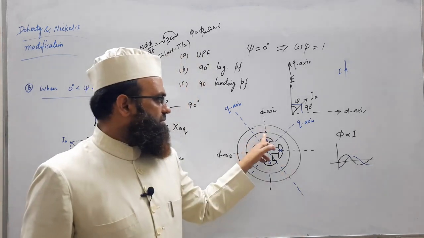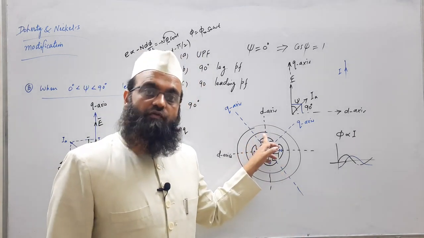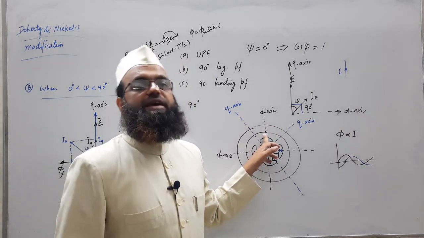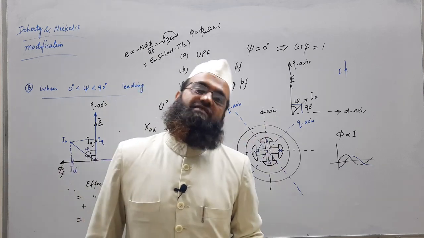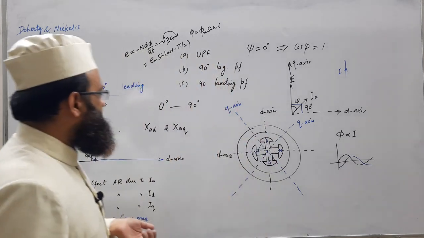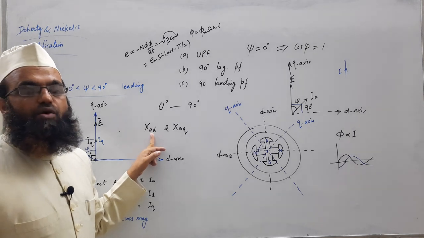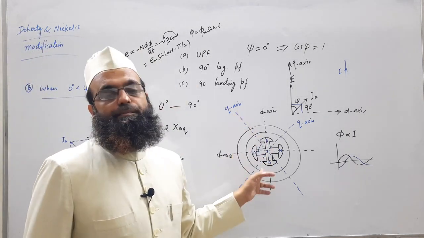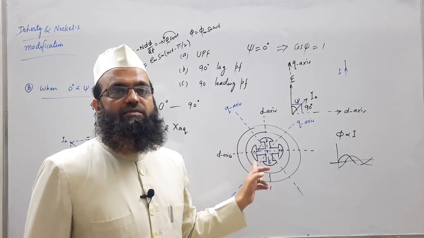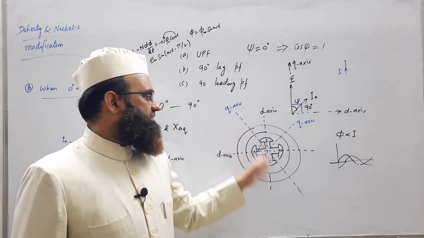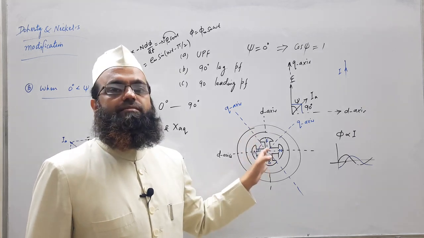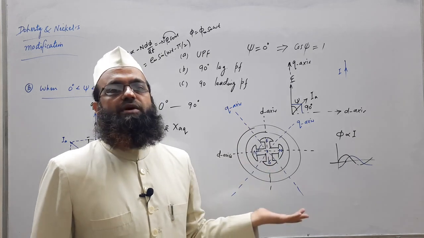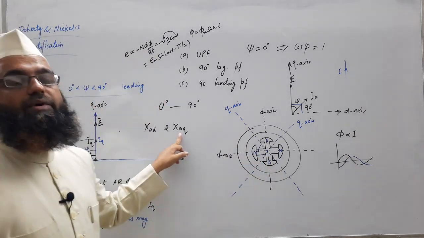Wherever air gap is minimum, reluctance is minimum, so flux linkage is maximum. Once flux linkage is maximum, corresponding inductance is maximum, hence inductive reactance is maximum along the d axis. Similarly, along the q axis, air gap is maximum, hence reluctance is maximum, hence flux lines passing through this are minimum, that is flux linkage is minimum, corresponding inductance is minimum, hence inductive reactance is minimum.